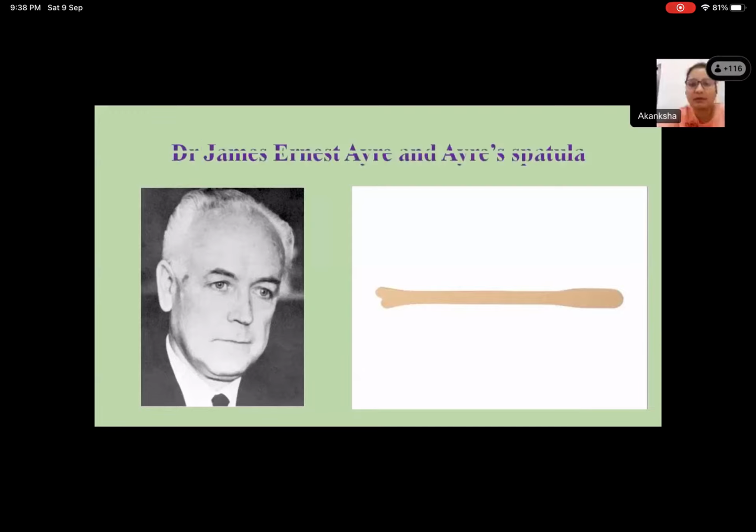Right. So this is Dr. James Ernst Ayre. He is a gynecologist and a cytopathologist. He said, instead of sampling the vaginal canal, we can as well directly sample the uterine cervix. And he developed this wooden stick, which is now used. Now we prefer to use plastic spatulas.